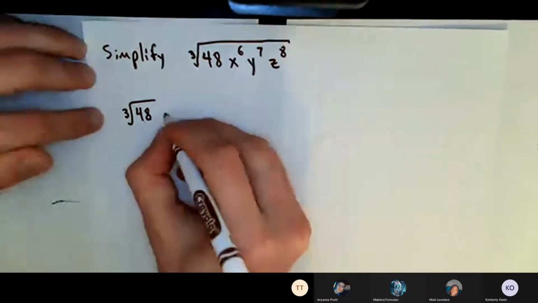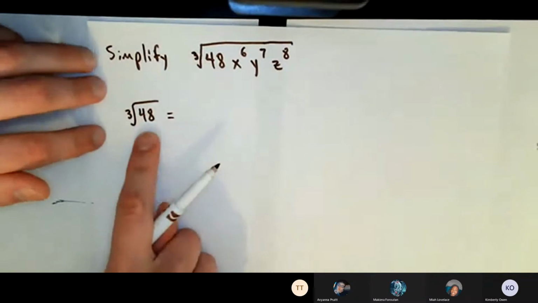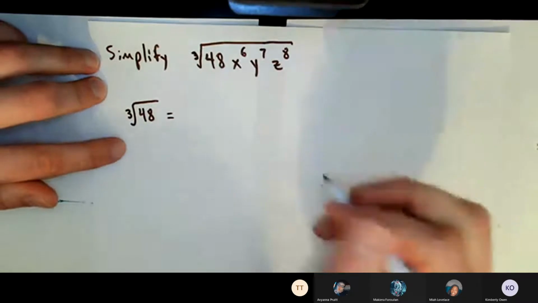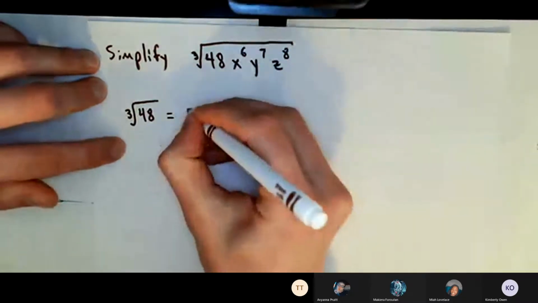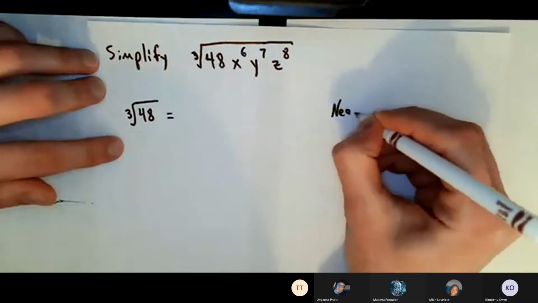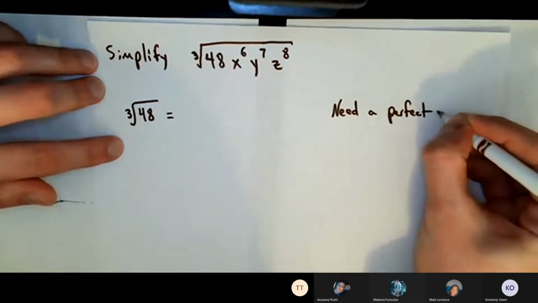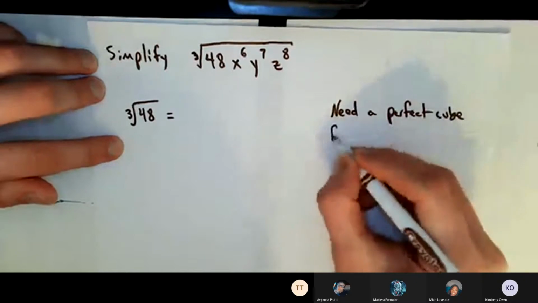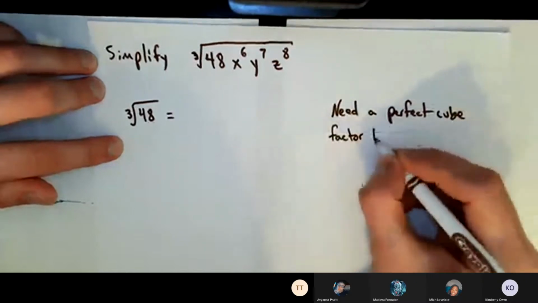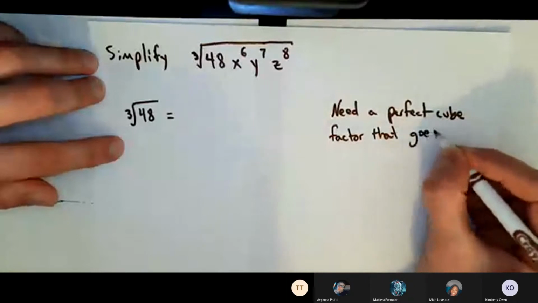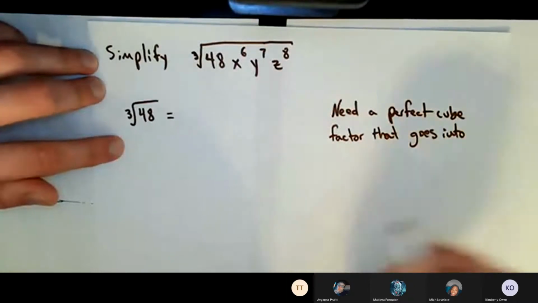Okay. So the first thing to do with the numbers, so the numbers are trickier because you need to find a perfect cube factor that goes into 48, meaning that divides 48. I'll just say goes into, because that's like the colloquial way to say it.